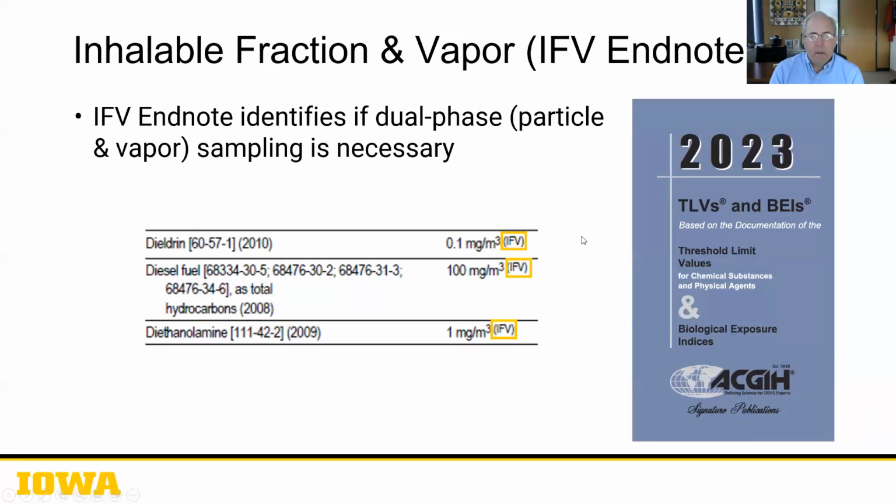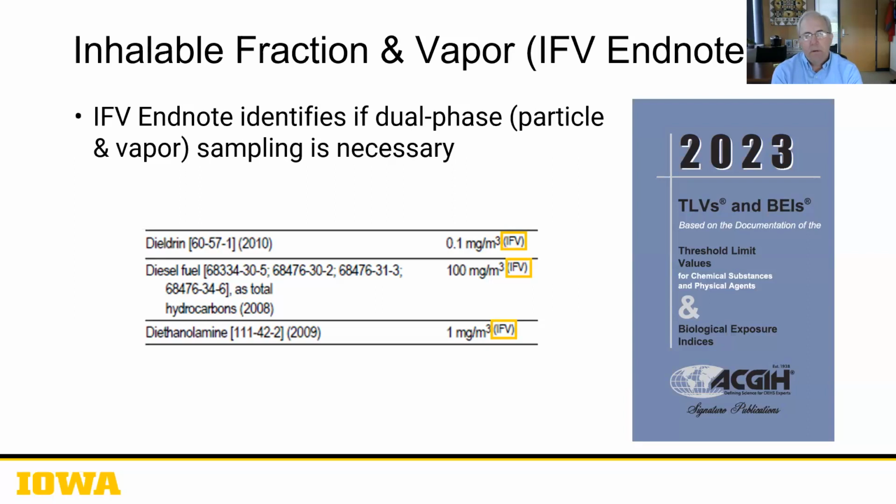Now, at some point, I'm not sure of the history, the folks at the ACGIH tackled this issue of droplet versus vapor and came up with what they call an end note of inhalable fraction and vapor, IFV. So an IFV end note identifies a particular compound that has a TLV as being one that is probably going to exist in both phases, the liquid and the vapor.